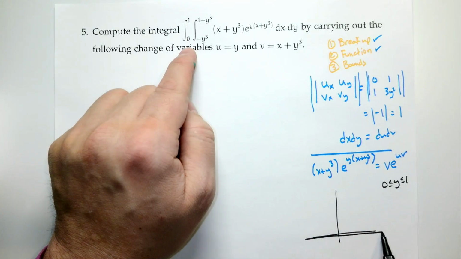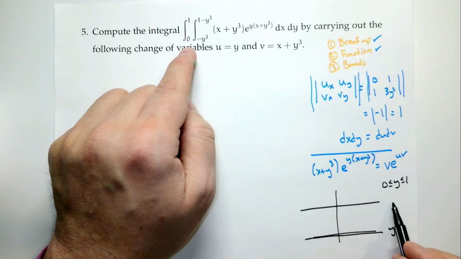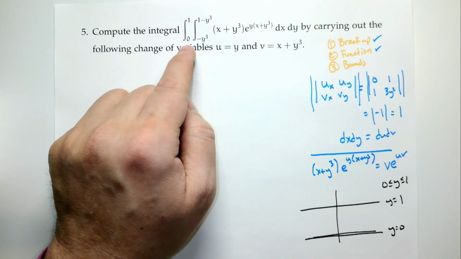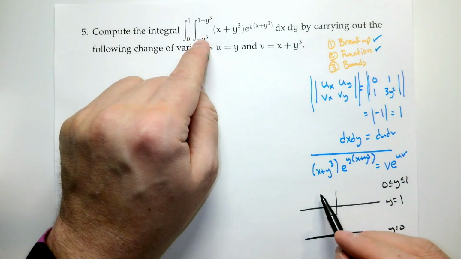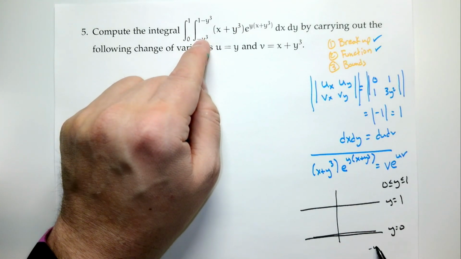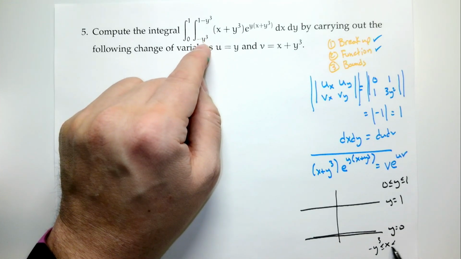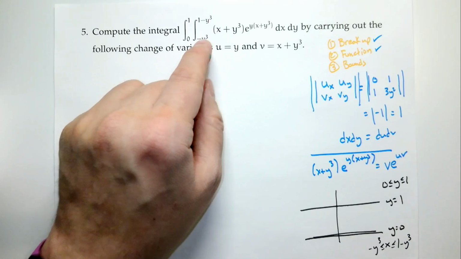So here, this is our y equals 0, and over here is our y equals 1. Now, for x, we go from minus y cubed less than or equal to x, and that's going to be less than or equal to 1 minus y cubed.